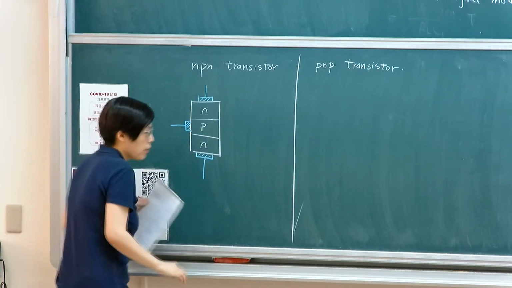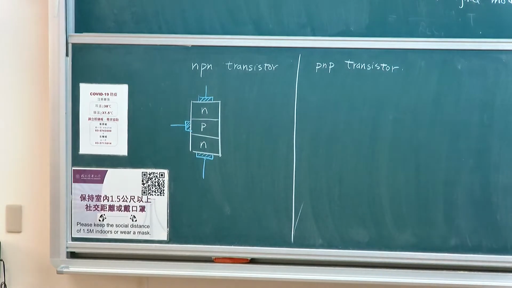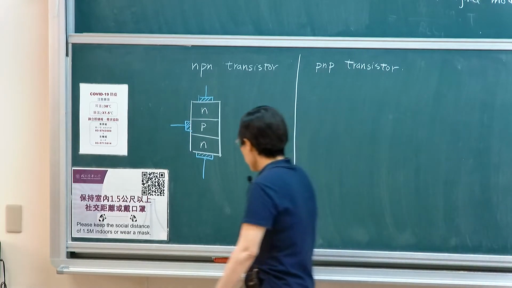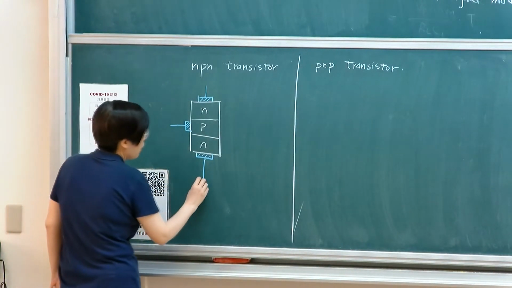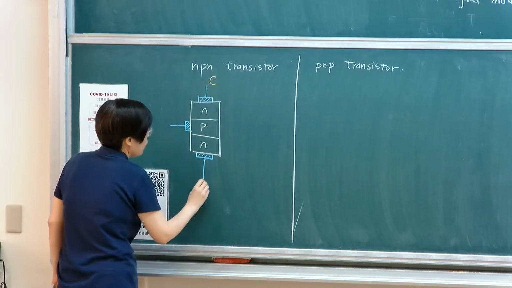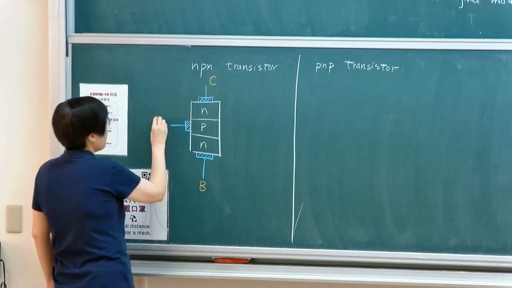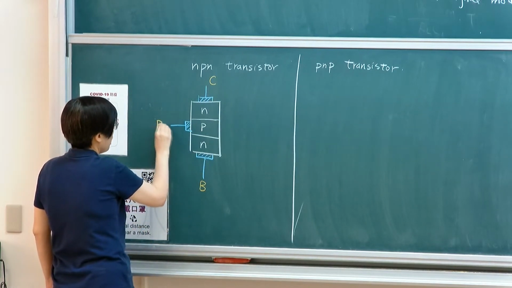Let me highlight it with a different color. Okay. So I have three key terminals. One is called the collector, base, and emitter.